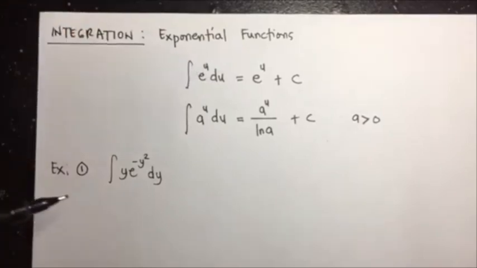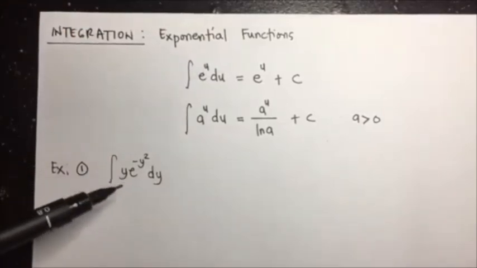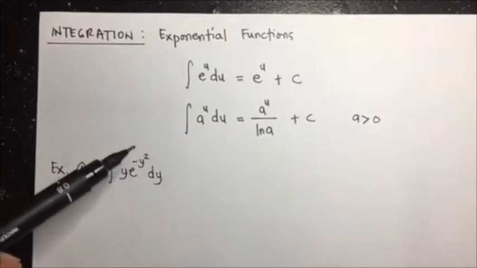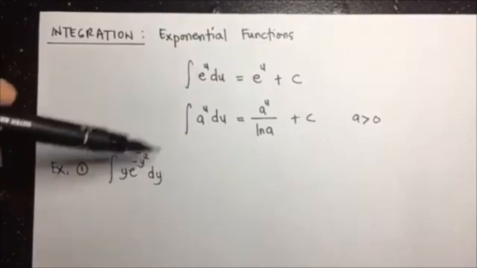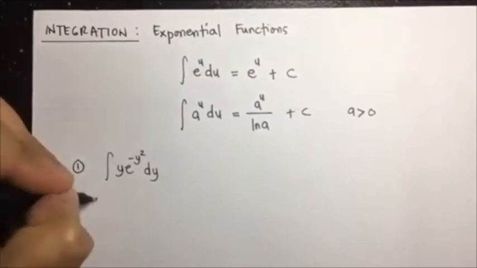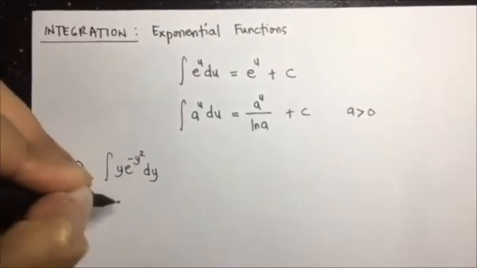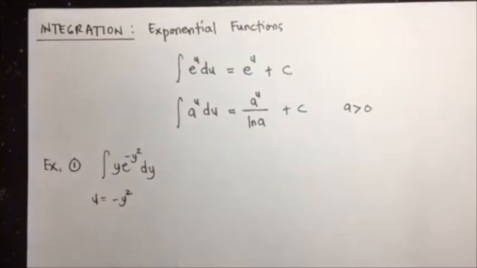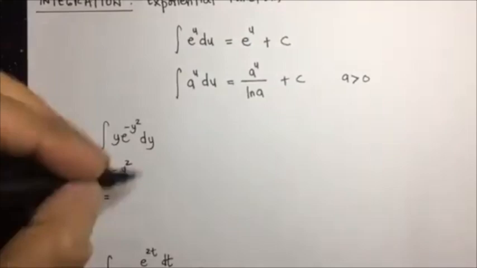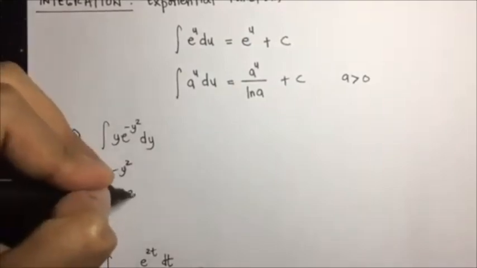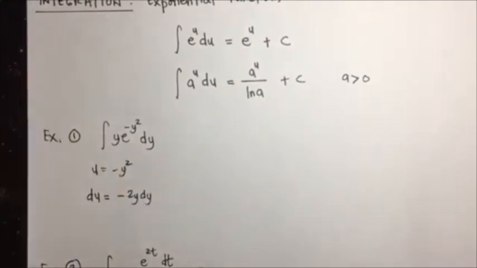Say for example, we have the integral of y e raised to negative y squared. Obviously our u here will be the exponent of e, so our u is negative y squared. Its du, the complete differential, is negative 2y dy.